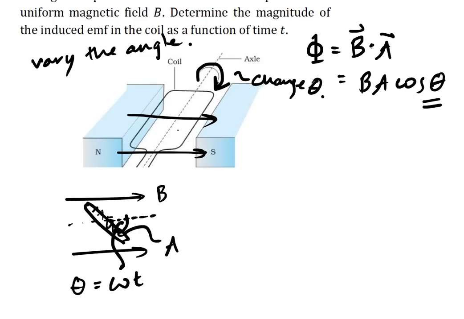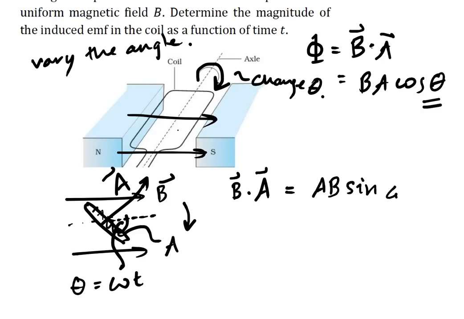And here is my vector A. So the dot product between B and A over here will give you the expression A B sine omega t.